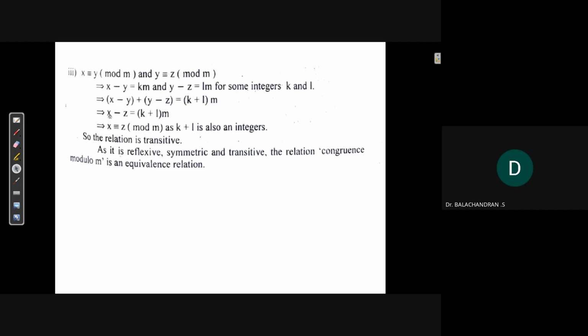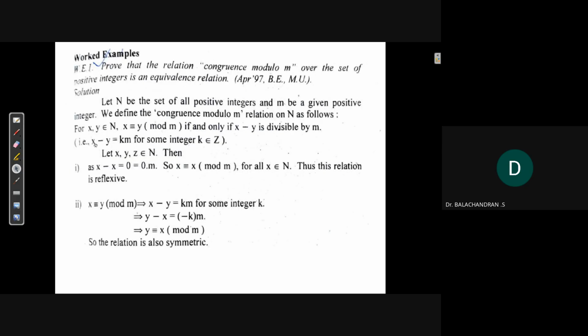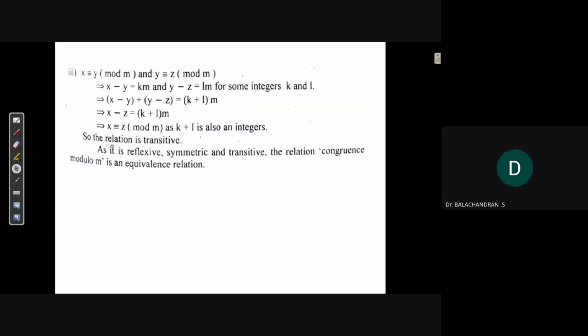So now x minus z equals some integer into m. This is in the form x minus y equals some k m, where instead of k, I have k plus L. So x minus z is divisible by m, which means x is congruent to z mod m.